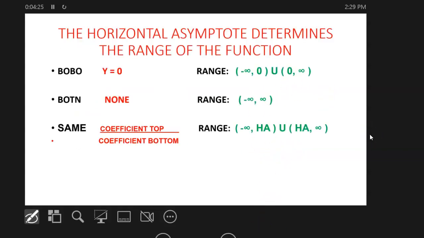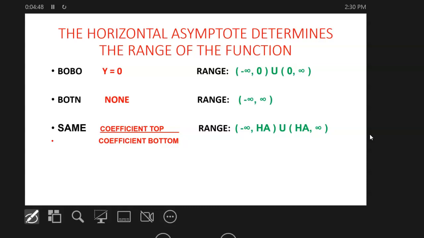The horizontal asymptote, once you find it, determines the range of the function. If you have a situation where you have the biggest on the bottom, 0, and your asymptote is y equals 0, then your range is going to go from negative infinity to 0, union 0 to infinity.